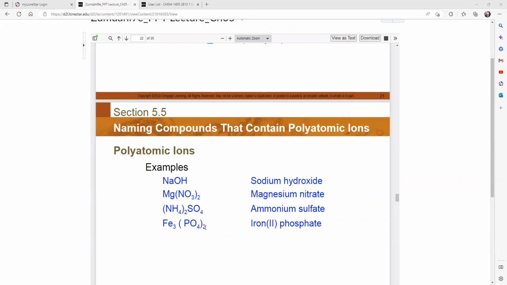What is the charge? Well, you need to look at this. The 2 in the phosphate goes as the charge of the iron. So it is iron(II) phosphate.